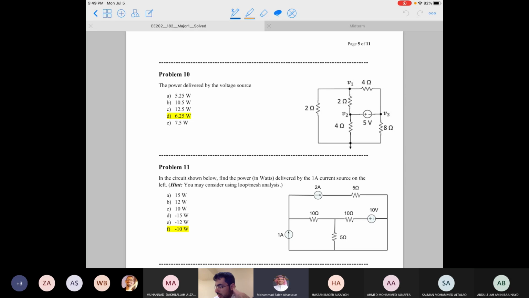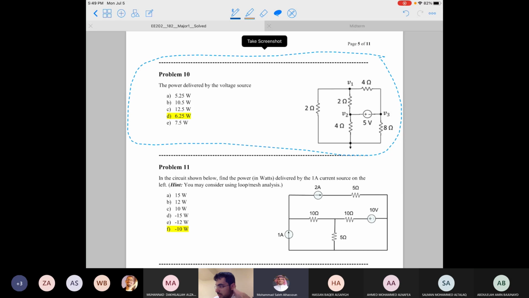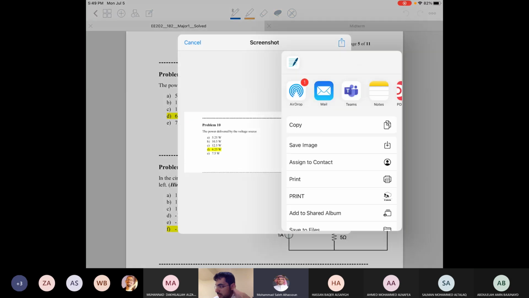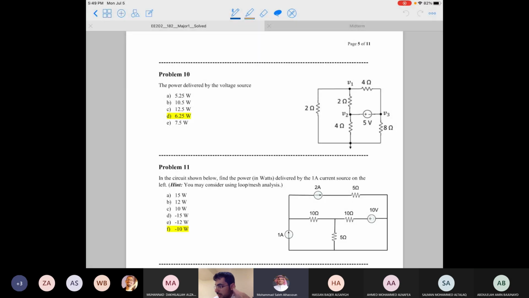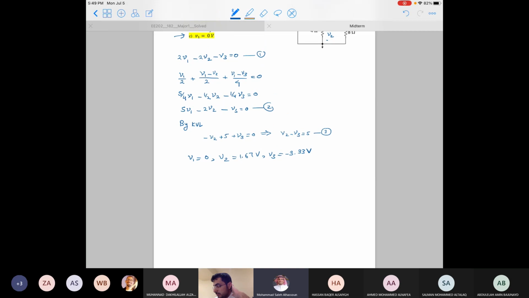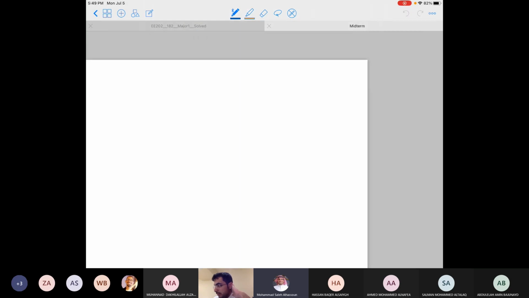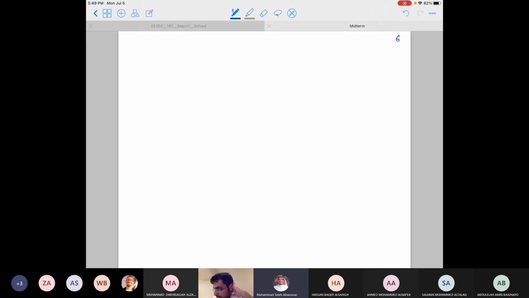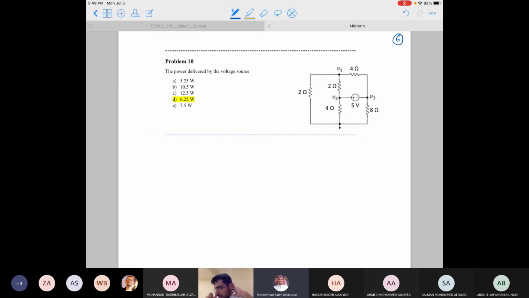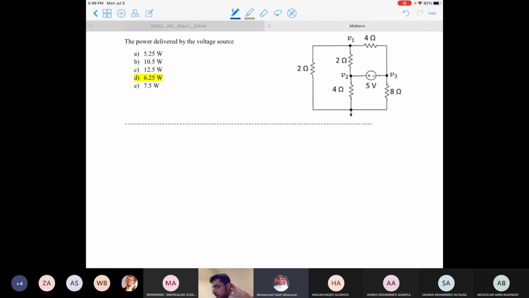Okay, let's see what else we have. This is again the same circuit, but in this portion we're asked to find the power delivered by the voltage source.